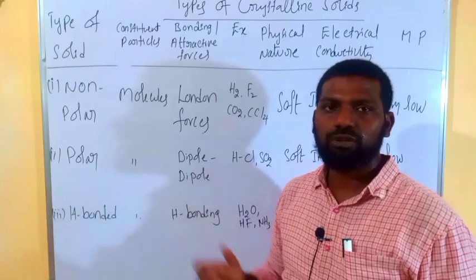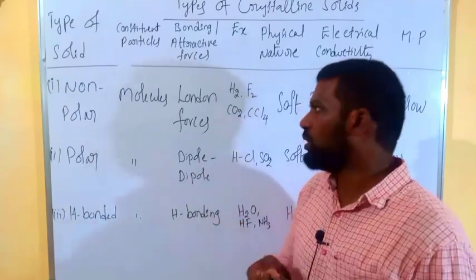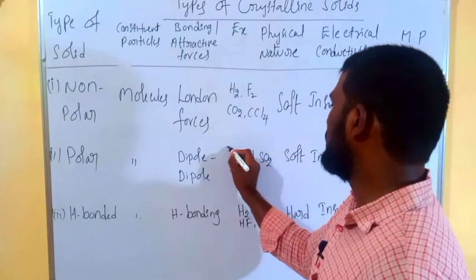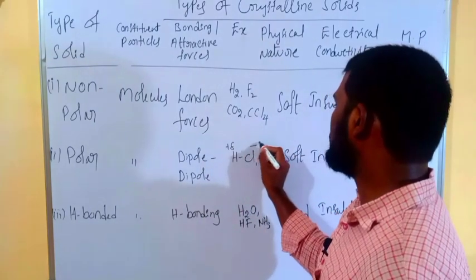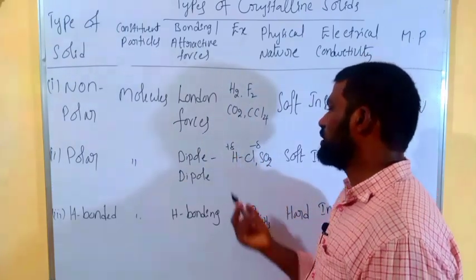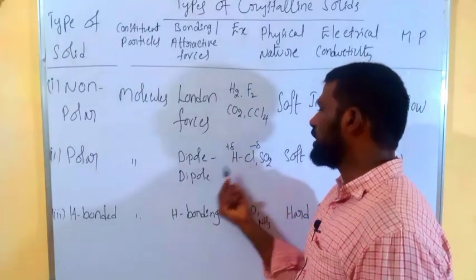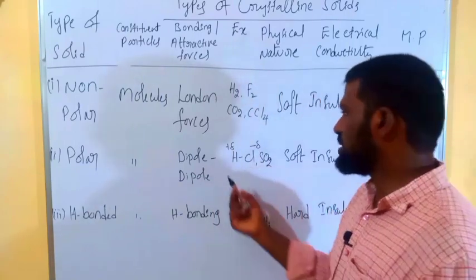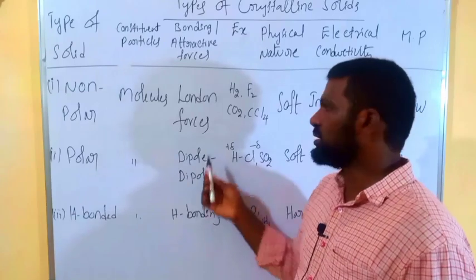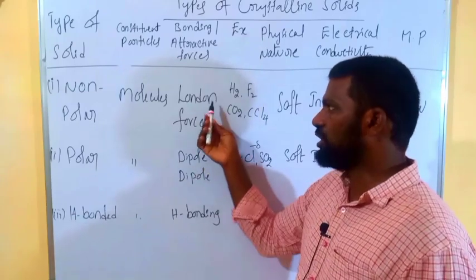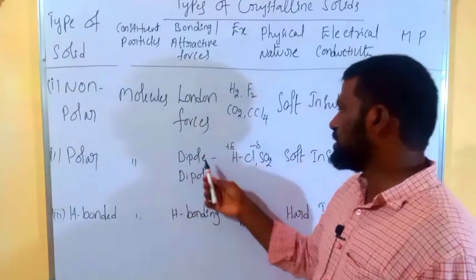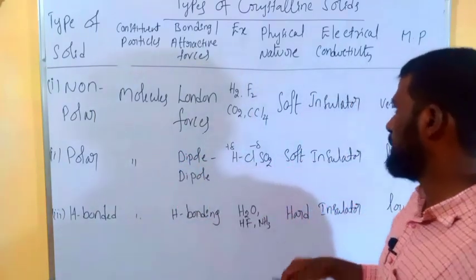For example, if we take hydrogen chloride, H delta plus, Cl delta minus, so dipoles will be formed. So they will have dipole-dipole interactions. These dipole-dipole interactions are relatively stronger than the London forces or weak forces that we discussed under non-polar solids.